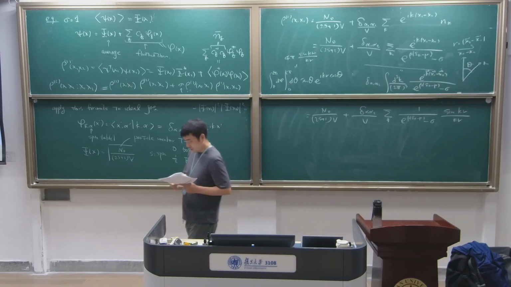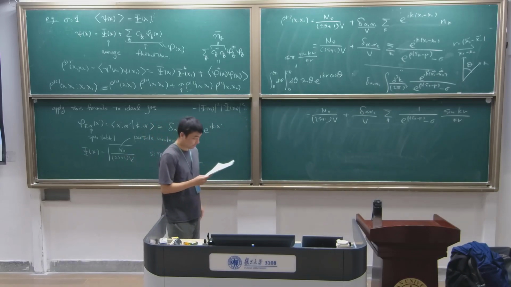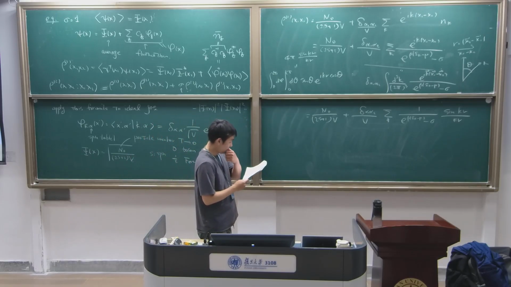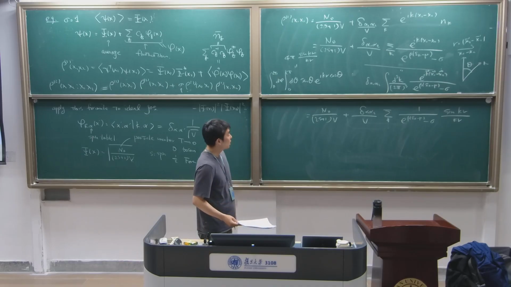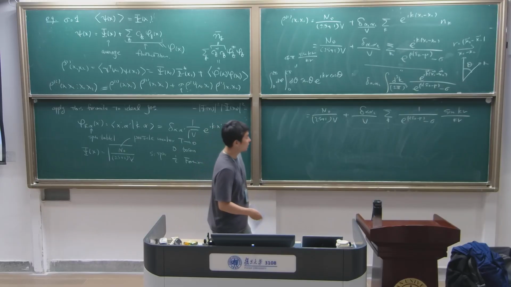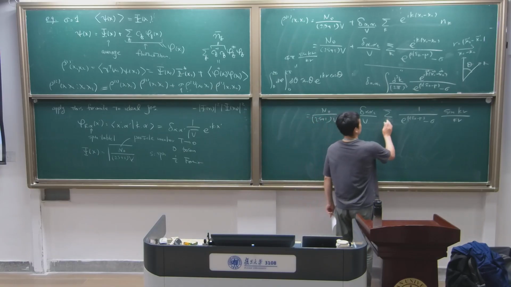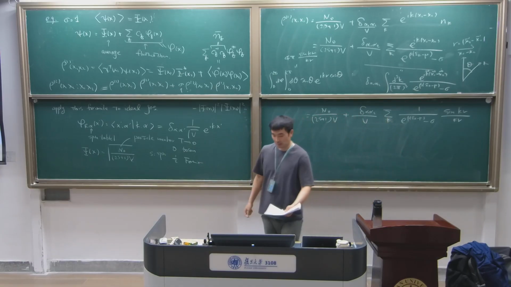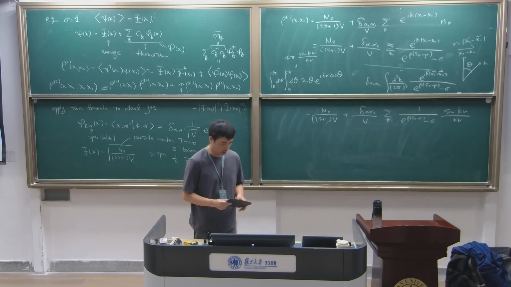Okay, so that's the one particle density matrix. And this part, this dimension, we can do the same trick as before. I think this part I didn't print it out, so I just need to go back and see how it would look like.